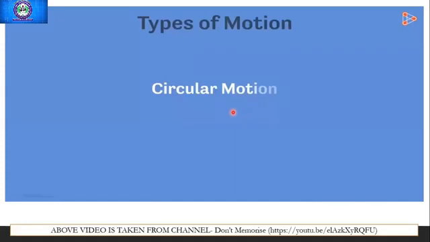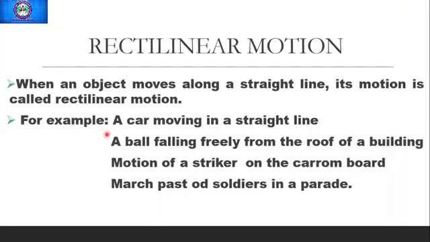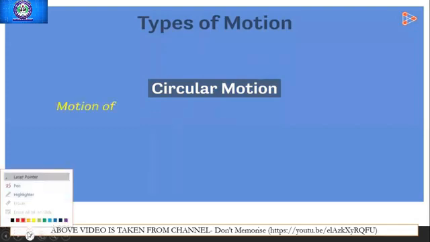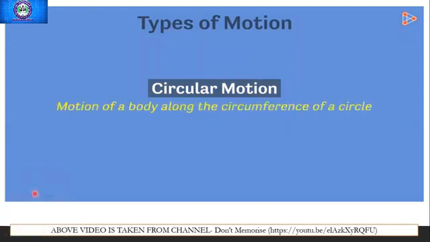Now let us have another type of motion. What can this type of motion be? It is the motion of a body along the circumference of a circle.